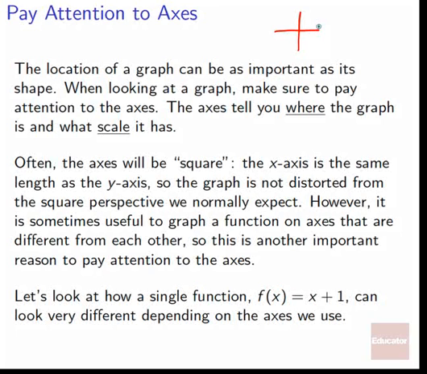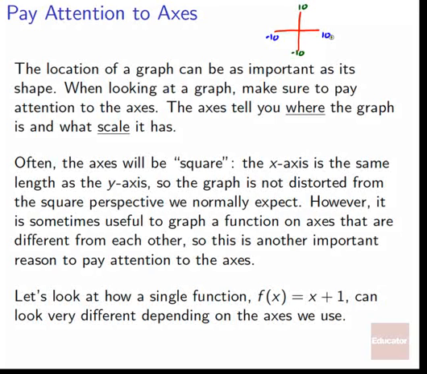Often our axes are going to be square. That is to say, the x-axis is the same length as the y-axis. So for example, we might have -10 to +10 on our y-axis and -10 to +10 on our x-axis. This is a pretty common one, and this is square because the x-axis is the same length as the y-axis. So when we look at the picture, it is square, which is sort of an odd idea.